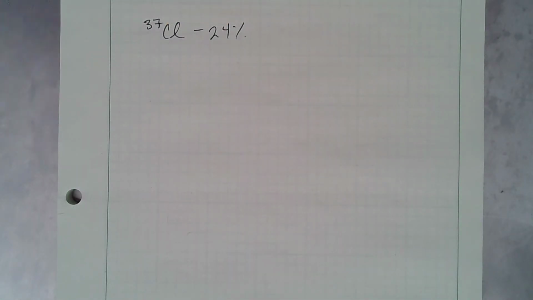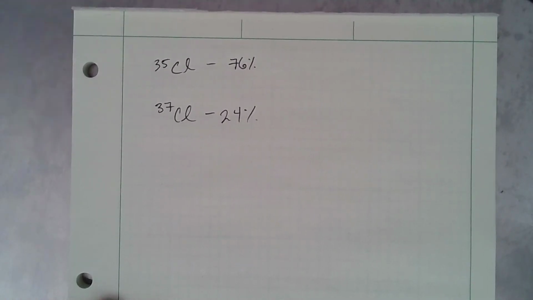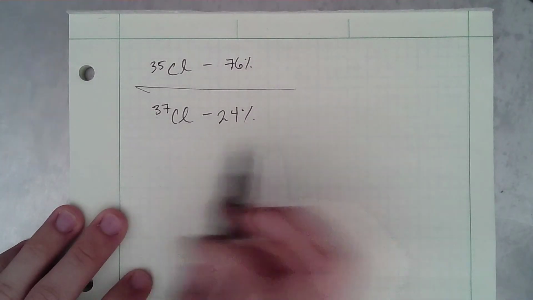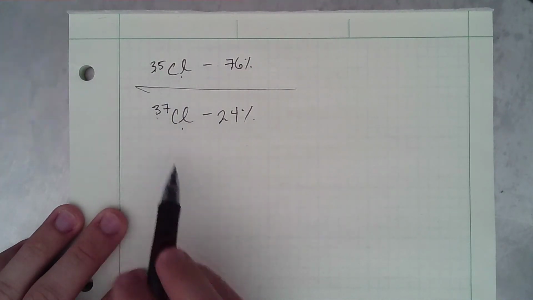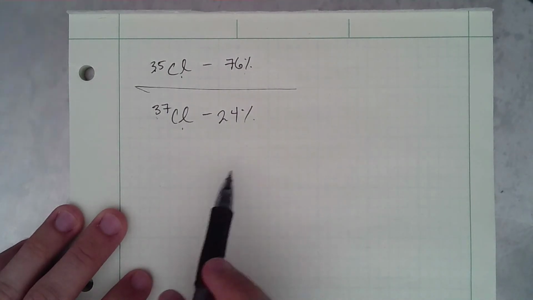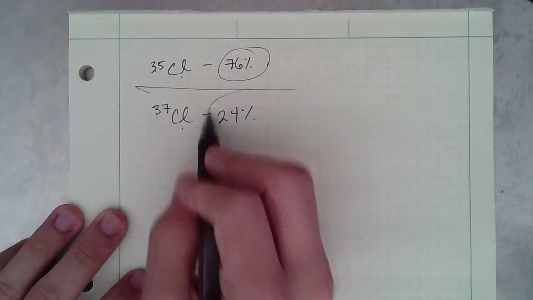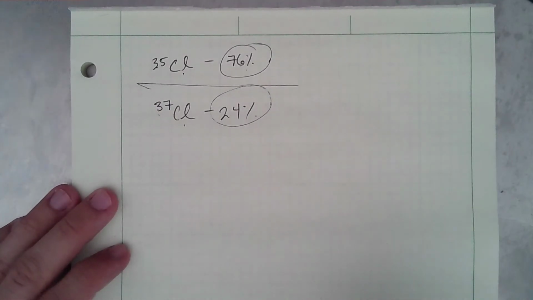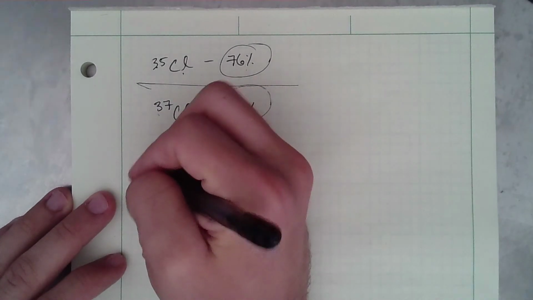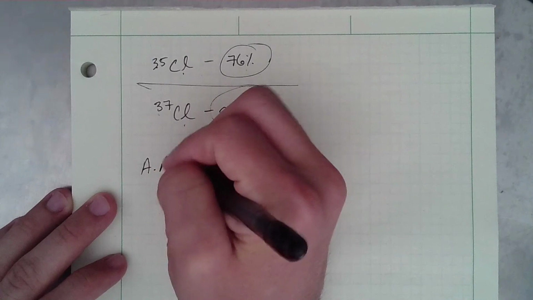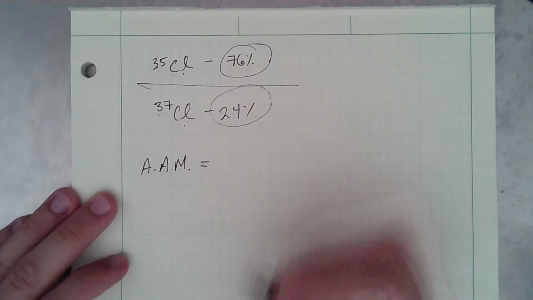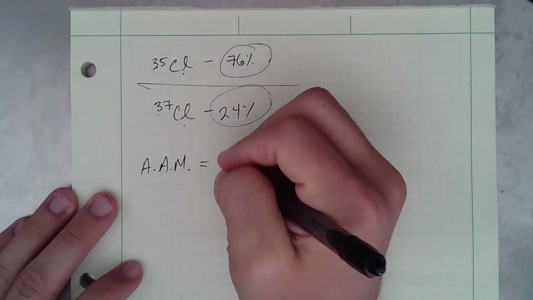So let's go back to my document camera here. Okay, so the two isotopes were chlorine 35 and chlorine 37, and they had these abundances, right? So this one is clearly more common than this one is. So how do we calculate the average atomic mass? I'm going to abbreviate that AAM, average atomic mass, and it's the same type of formula, right?